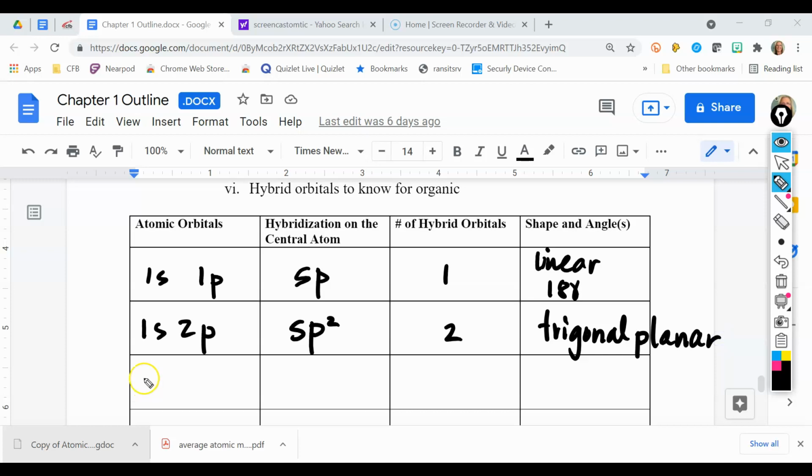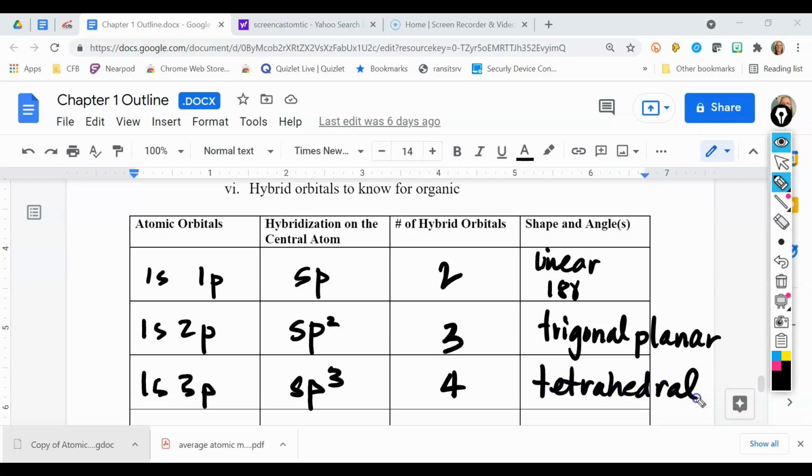And then we can have 1s and 3p. So we have sp3, and that is a total number of, and I'm thinking that should be a 3 and that should be a 4, with those being hybrid orbitals. But that gives us a tetrahedral shape of the molecule based on the hybridization.